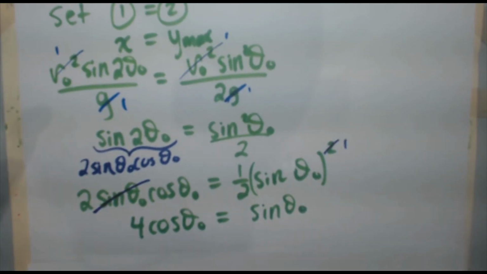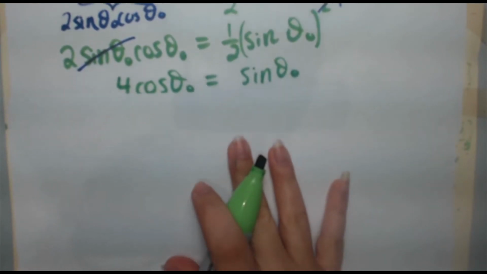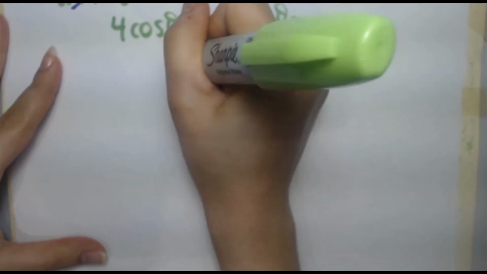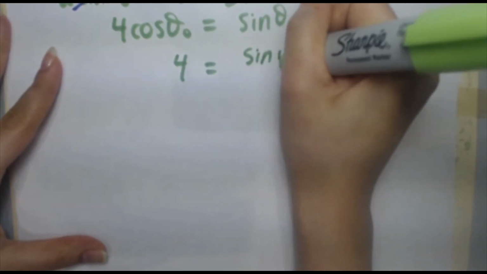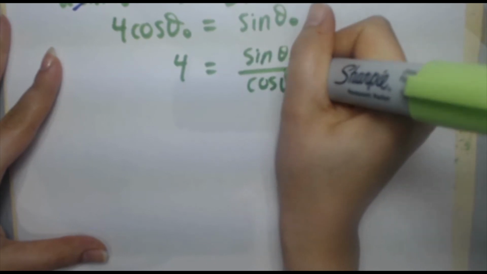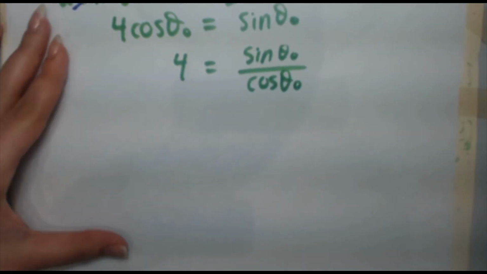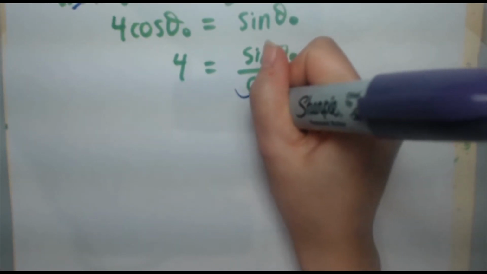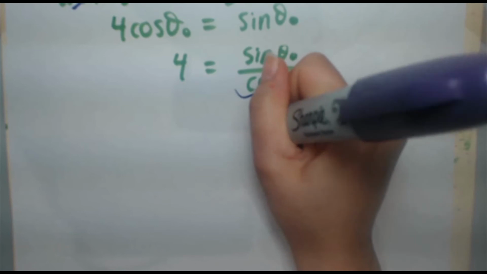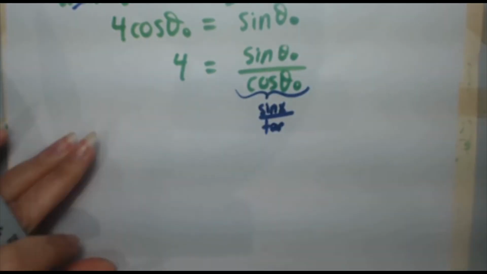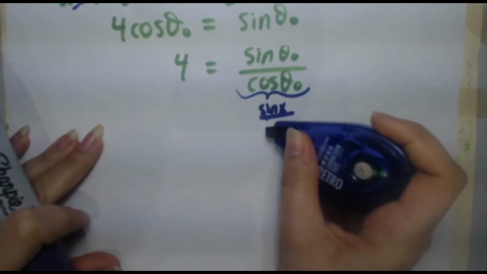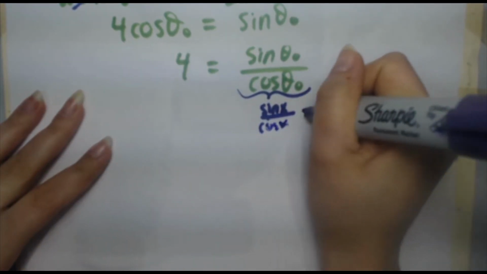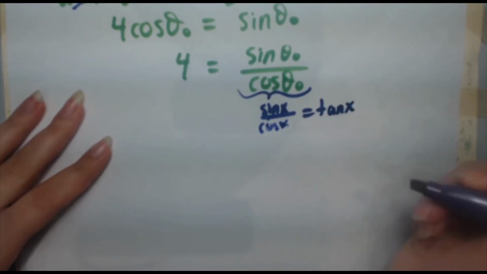So we're going to say 4 is equal to sine theta naught over cosine theta naught. Now, something that you should have learned is that sine x over cos x is equal to tan x.